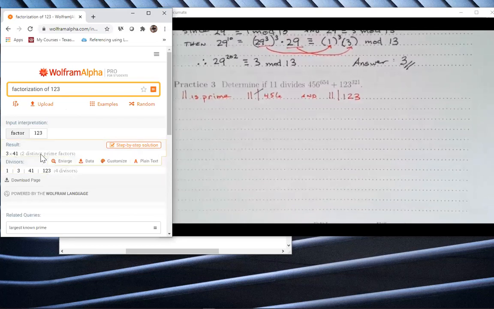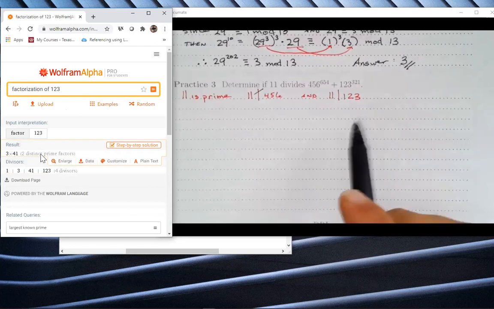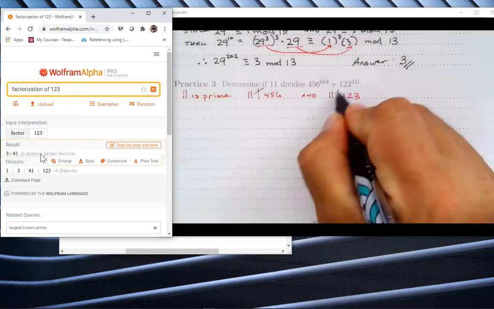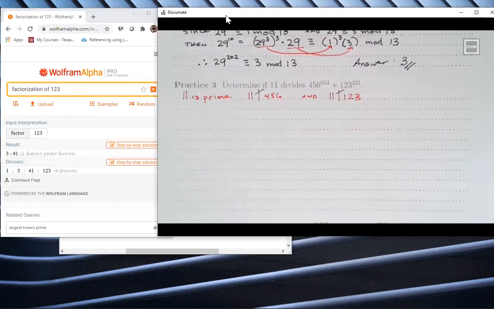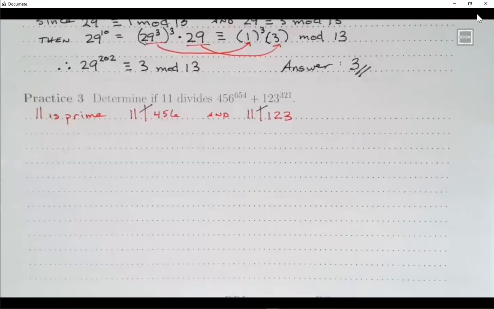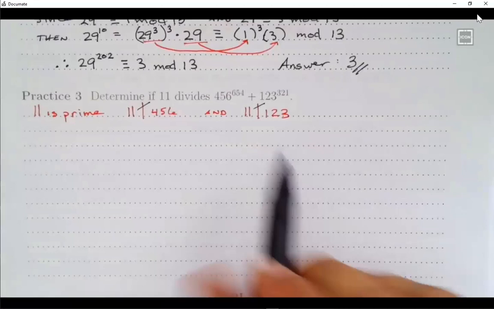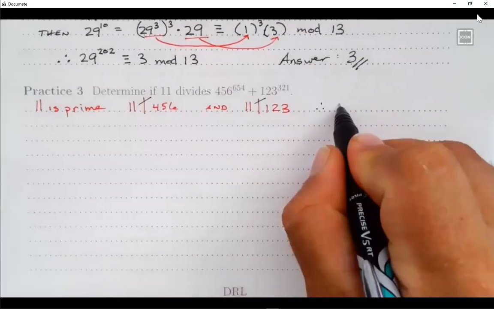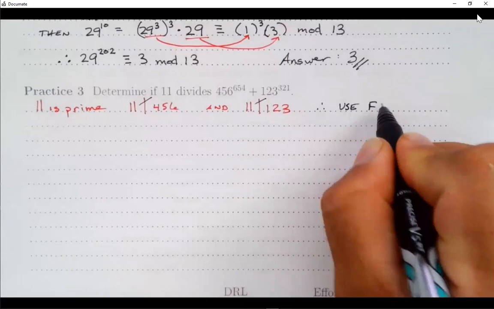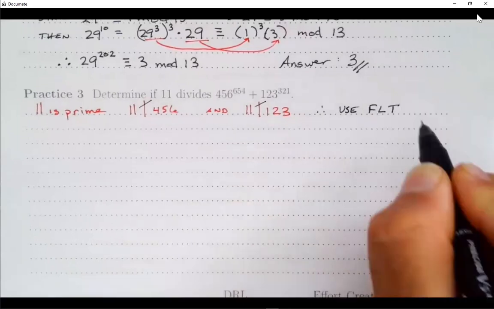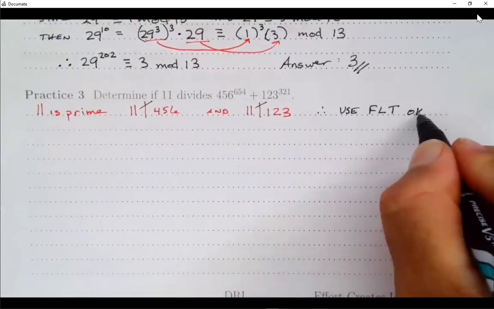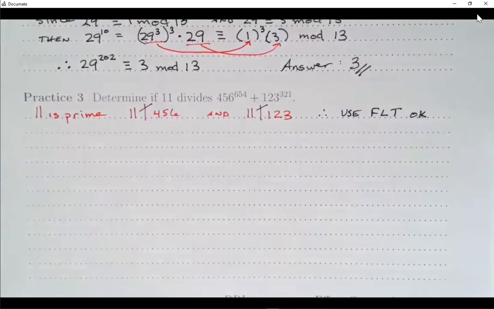And because of that, then we know 11 does not divide 123. And as such, we know that we can apply Fermat's little theorem. Okay, doesn't mean we're going to have to, but it does mean that we can.